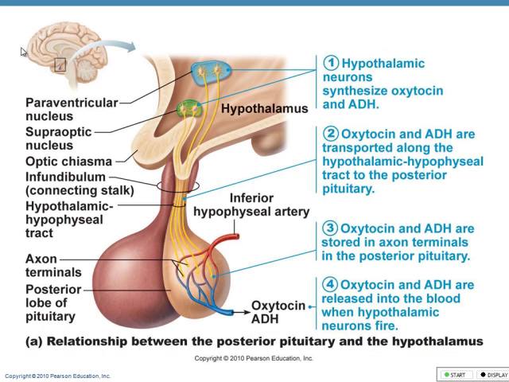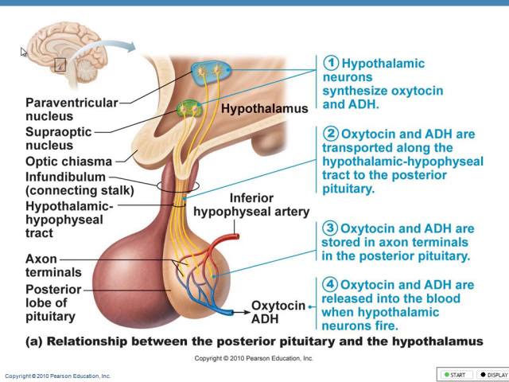Hormones don't last forever. So they talk a little bit about half-life, onset, duration. There's different enzymes in our bodies that actually work to break them down. So they don't last forever and ever. They also talk about interaction of hormones on the target.